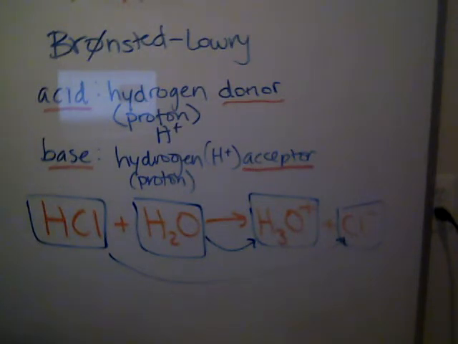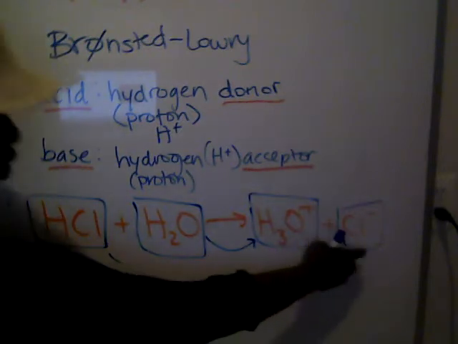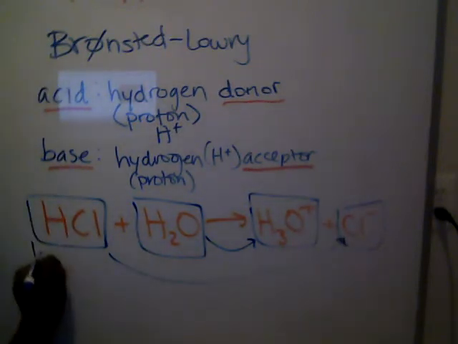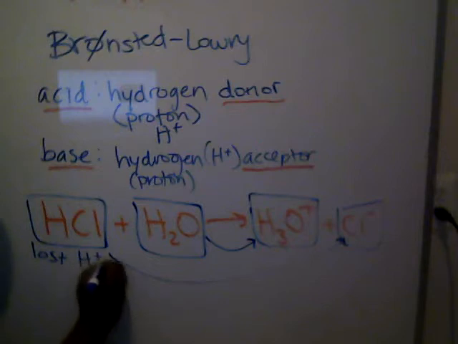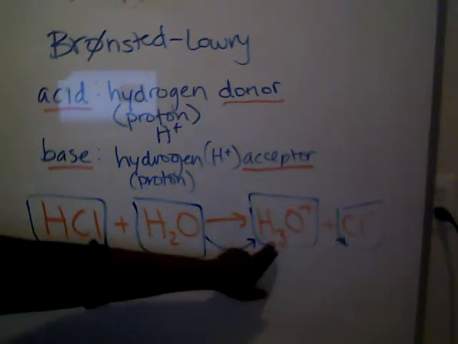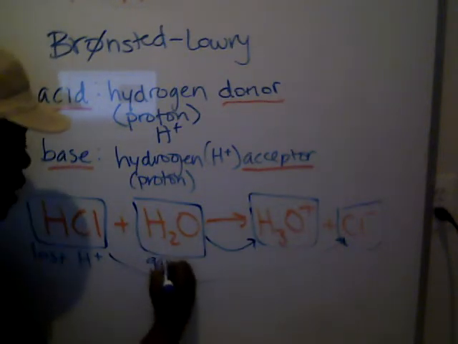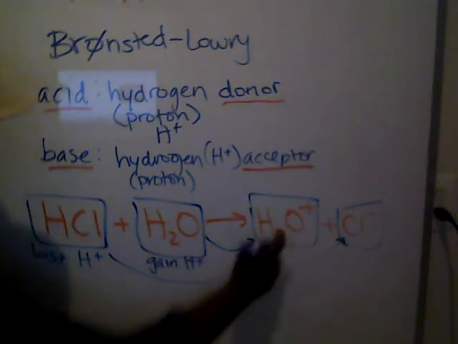So when we look at this, we see that the HCl gave up a hydrogen to turn into just Cl, so it lost a hydrogen. So it lost an H plus. The water went from having 2 hydrogens and an oxygen to having 3 hydrogens and an oxygen. So it actually ended up gaining a hydrogen to get over here.